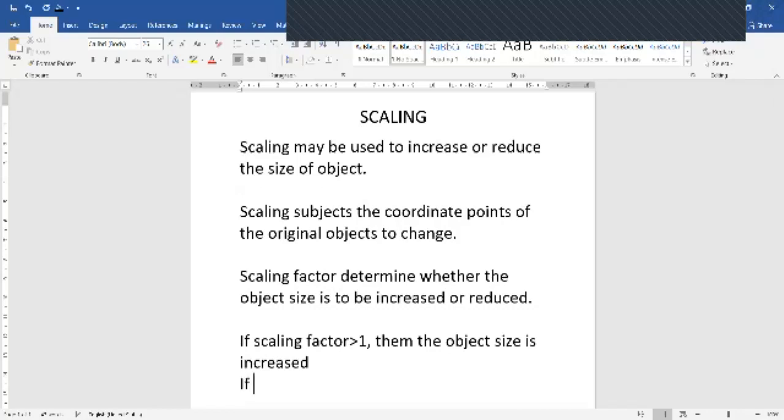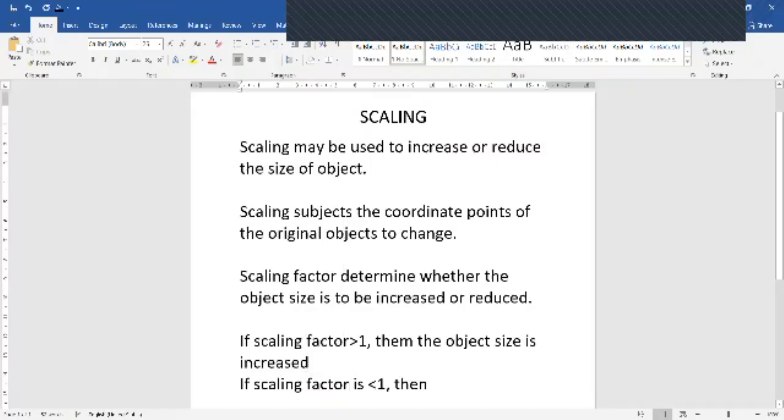If the scaling factor is less than 1, then the object size needs to be what? Tell me.